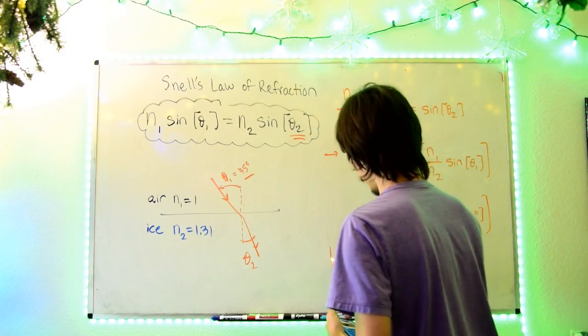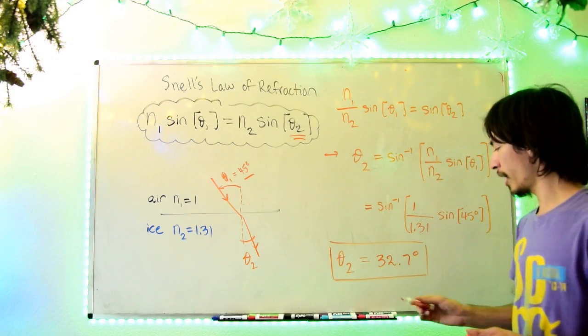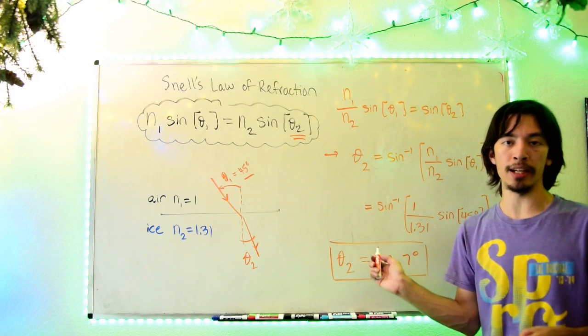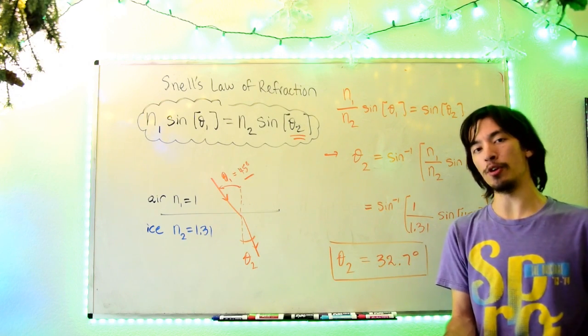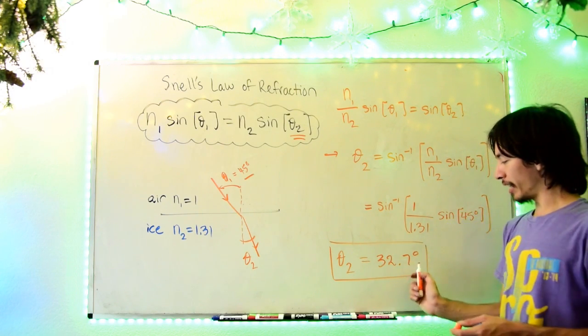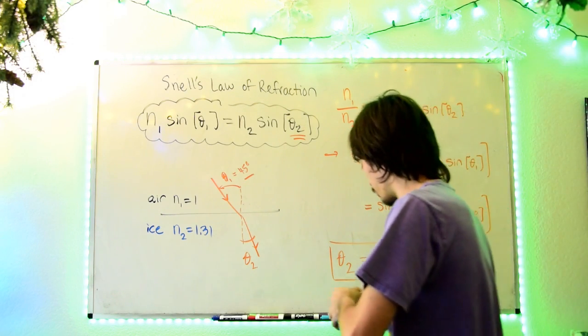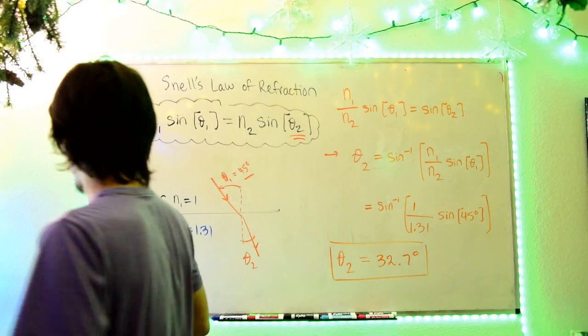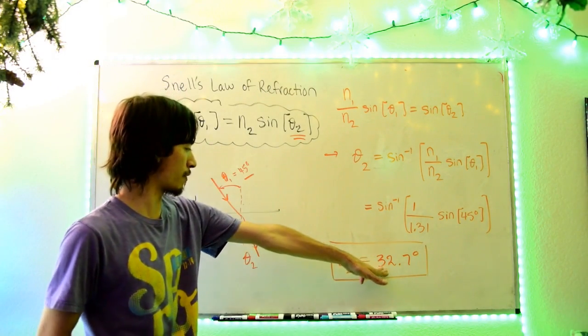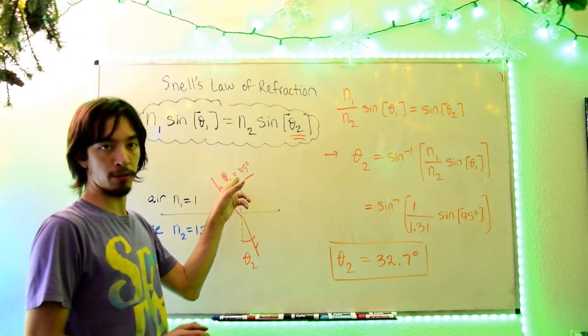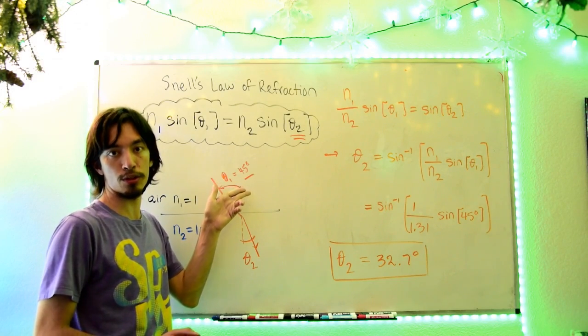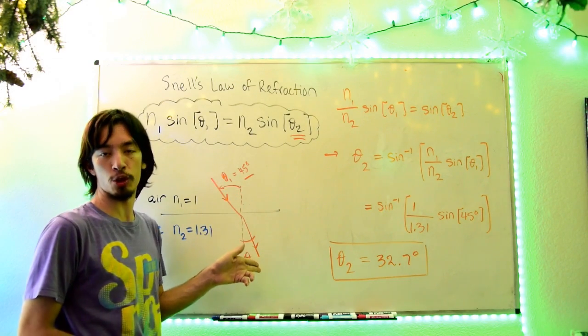So the inverse sine of that will give us precisely 32.7 degrees. Okay. And we need to be a little bit more accurate because the index of refraction for water, if you made the mistake of using water, the angle is very close to this, but a little bit different. So it's 32.7. So notice that 32.7 is smaller than the 45 that you started with, so it does indeed bend towards the normal.